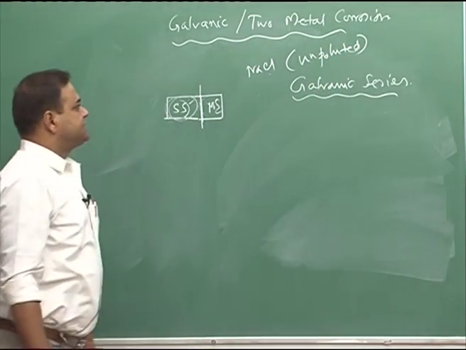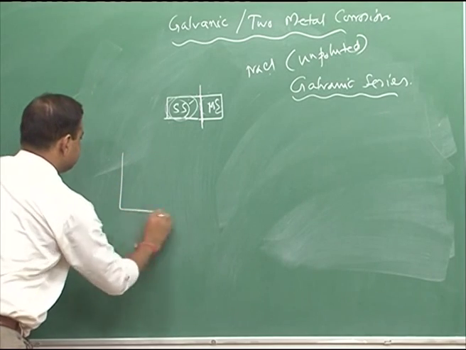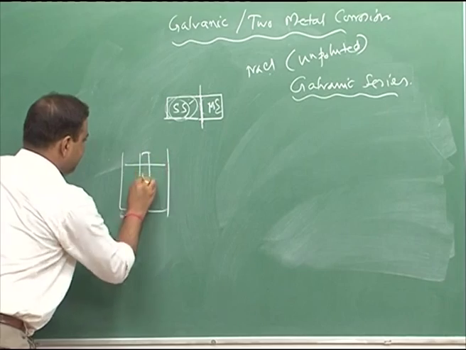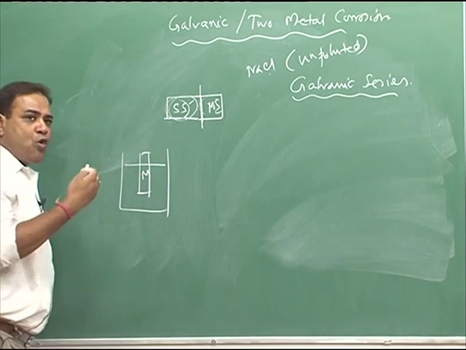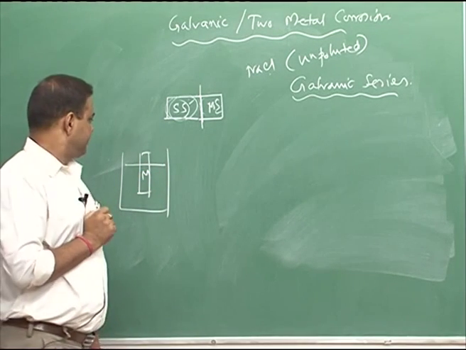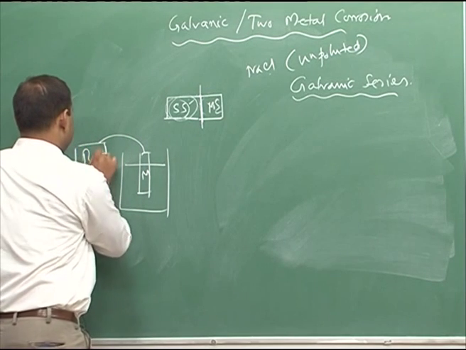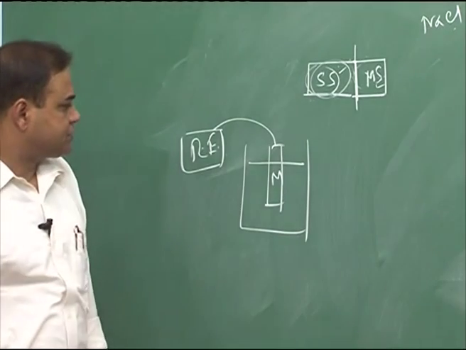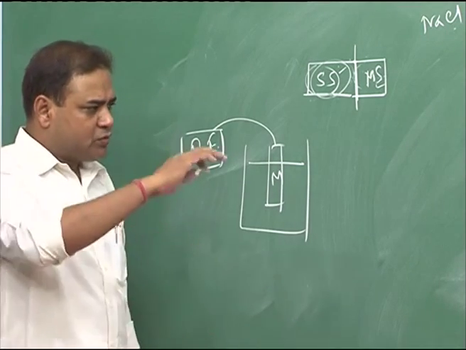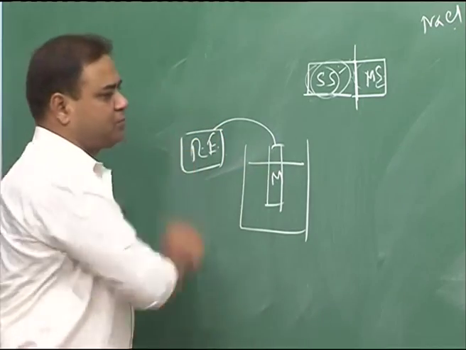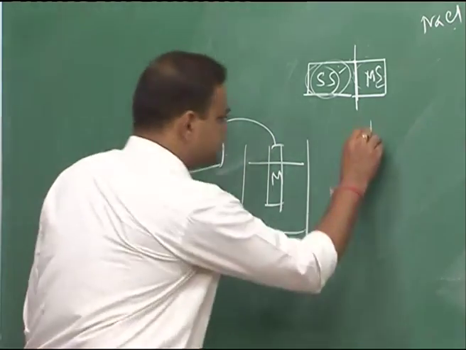If we dip a particular metal object M in the seawater solution, it will have its own free corrosion potential. If we measure the corrosion potential with a reference electrode, we see that in most cases it stabilizes at a particular potential, and that is called the free corrosion potential.